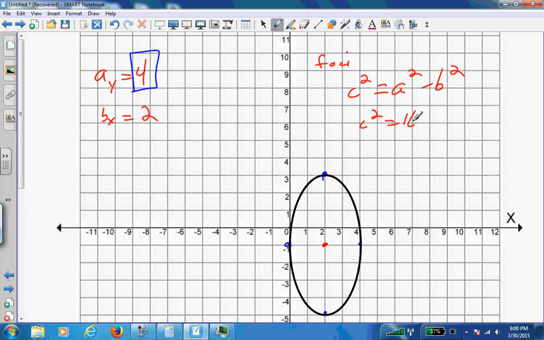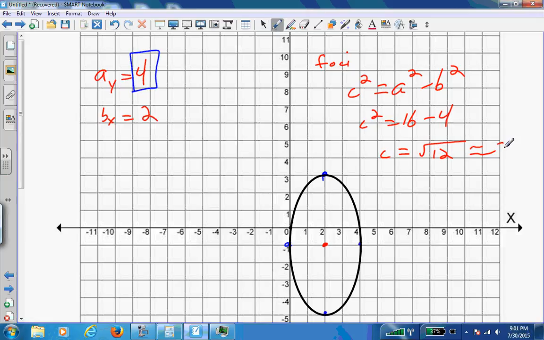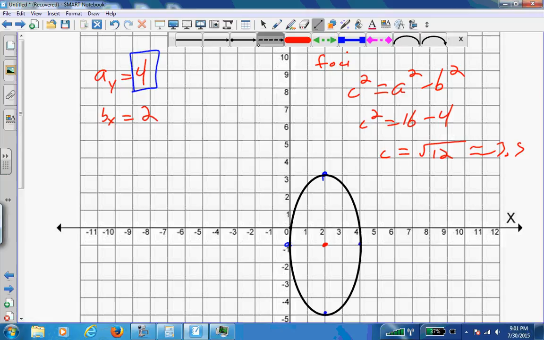So c squared is 16 minus 4, or c is the square root of 12, which as a decimal is roughly 3.46. That tells us how far along what we call the major axis the foci lie.